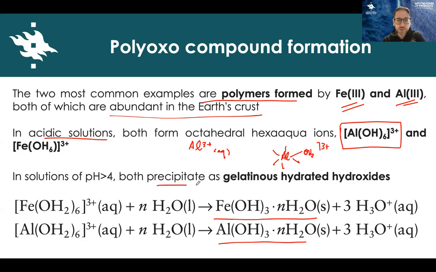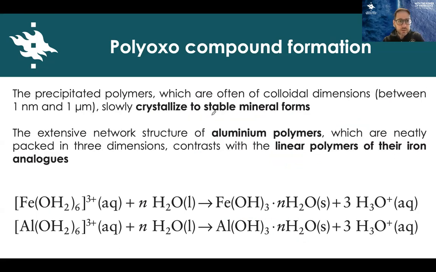So they both precipitate, generating these gelatinous hydrated hydroxide compounds as a result of this change in the pH. So this leads to these precipitated polymeric species that often have colloidal dimensions between 1 nanometer and 1 micrometer. And then these precipitated species crystallize to form stable mineral forms that we end up getting on the Earth's crust, for example.